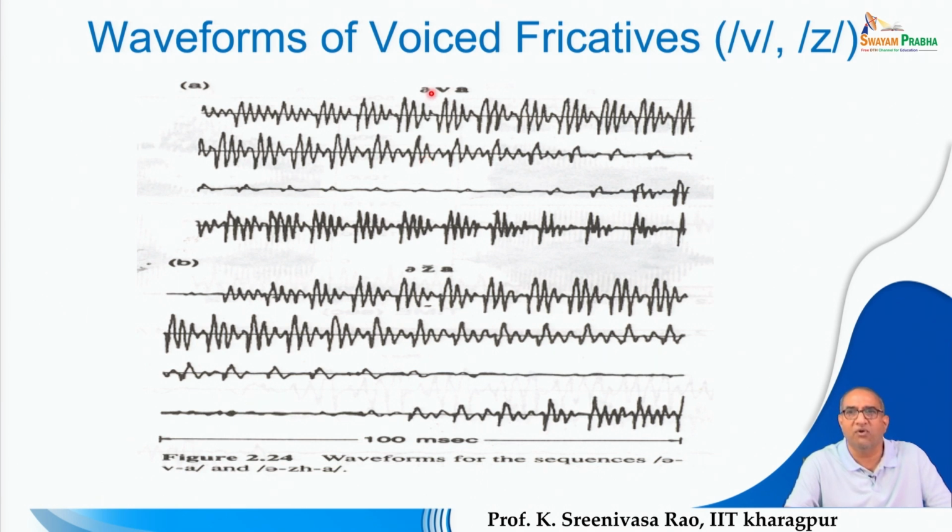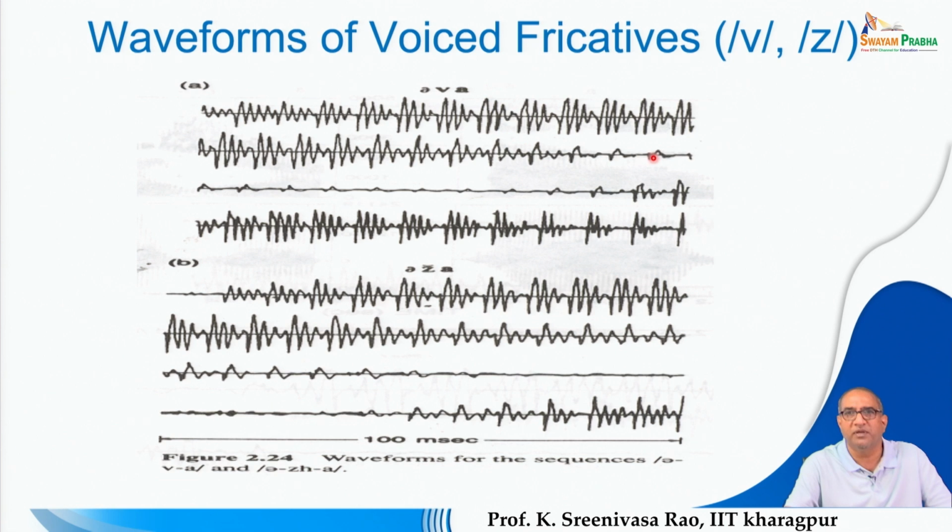Here, since it is a voiced fricative, there is a narrow opening, and air is rushed through that, which gives you a frication, and during the process the vocal folds also vibrate. Because of that, you can see a periodic structure in the frication region. The periodic structure at the beginning with a higher amplitude corresponds to a vowel, and again a periodic structure at the end with higher amplitude corresponds to another vowel.